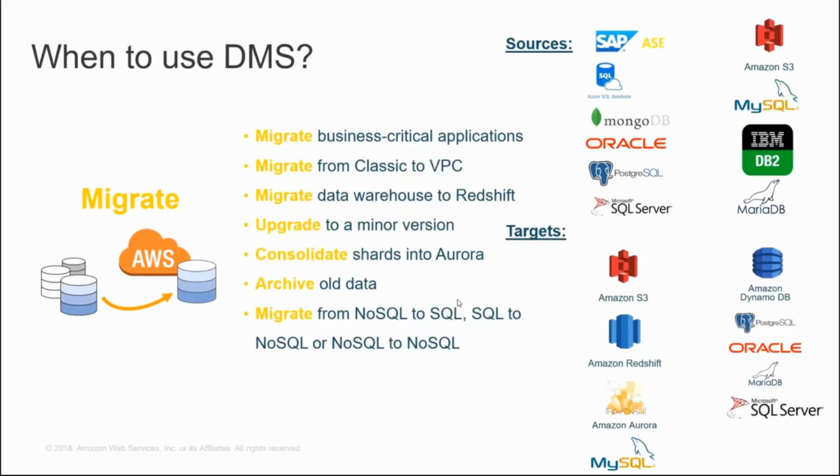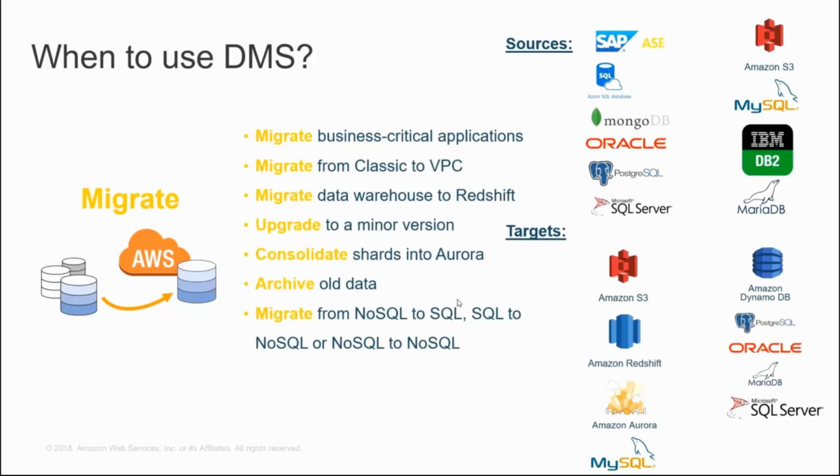When do you use DMS? So DMS is all about moving the data. You can migrate business critical applications. You can move from the old classic networking infrastructure we had at AWS to the newer VPC model. You can use it to move data to Redshift, if you're going from a relational system to a centralized data warehouse. You can do minor version upgrades.